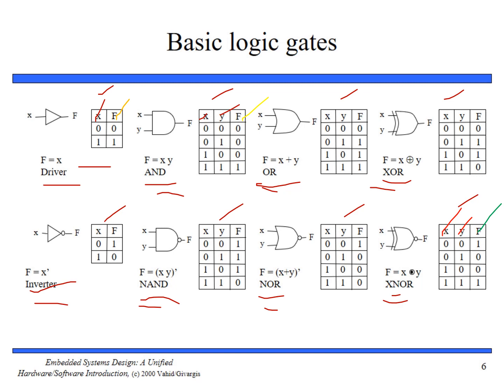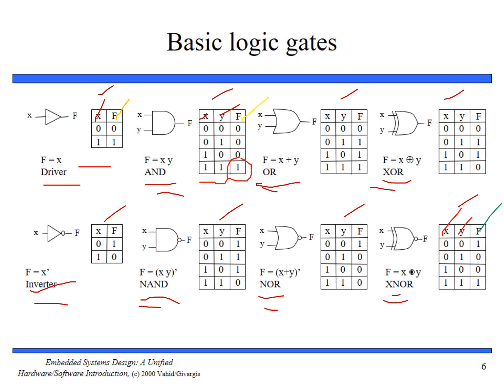The AND gate outputs 1 if and only if both inputs are 1. So we can check here, the AND gate is 1 when both inputs are 1. The OR gate outputs 1 if any of the inputs is 1.